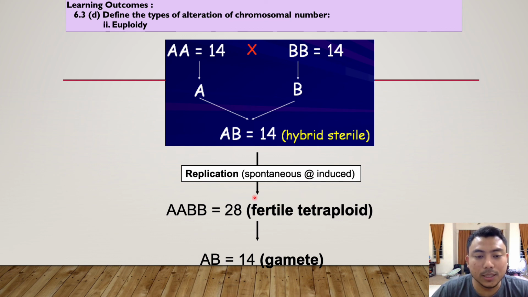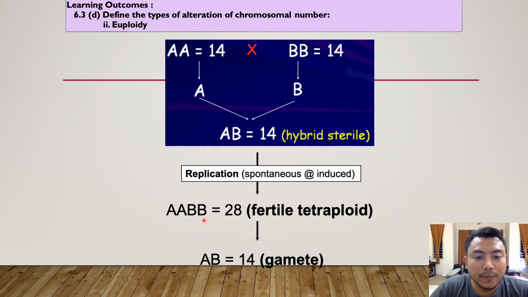Apa maksud tetraploid? So kita akan buat AABB with the total of 28 chromosomes. Yang ni mungkin kita gunakan colchicine ataupun apa-apa yang perlulah, contoh ethidium bromide, to prevent the homologous chromosomes from separating.